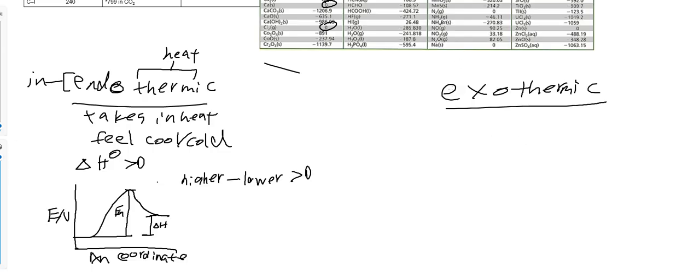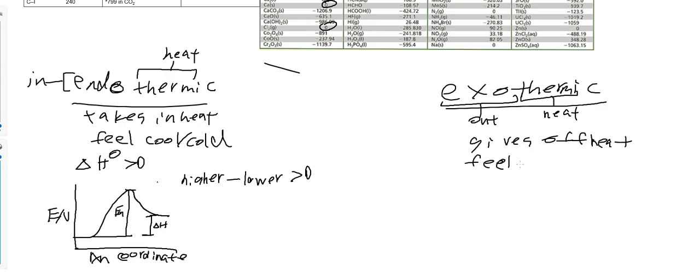Now, exothermic, on the other hand, exo means out, and therm, as always, means heat. This means it gives off heat. And they often feel hot or at least somewhat warm.